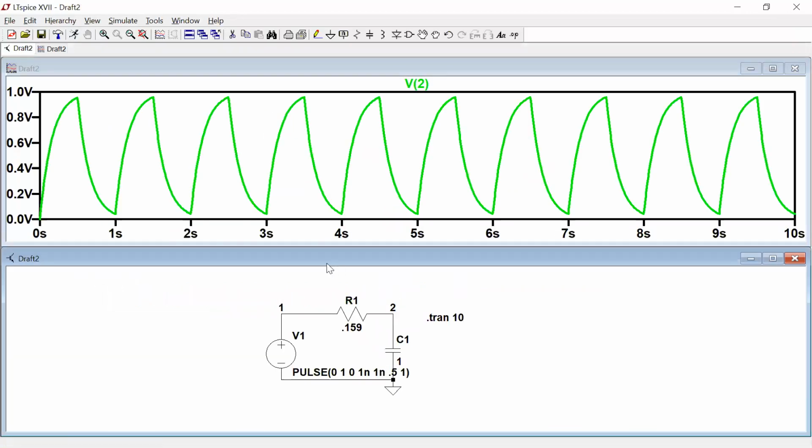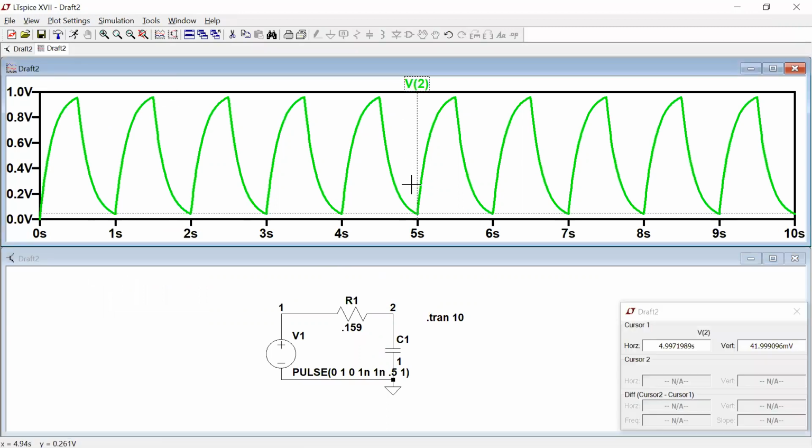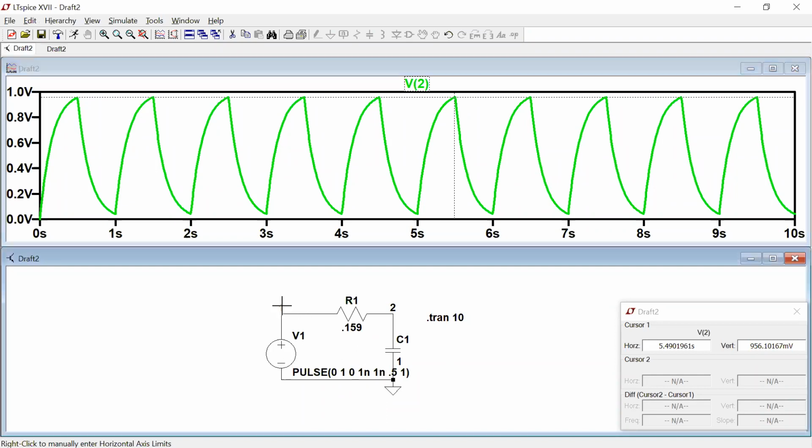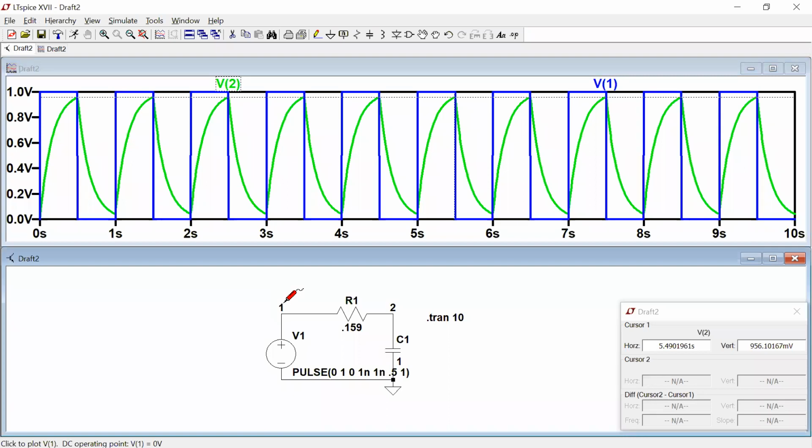All right, and you can see that it's going up and coming down. But what you might not be able to see very easily is that it's going down to about 50 millivolts, and it's going up to almost 1. That's because I'm not letting it stay on long enough to fully go on.